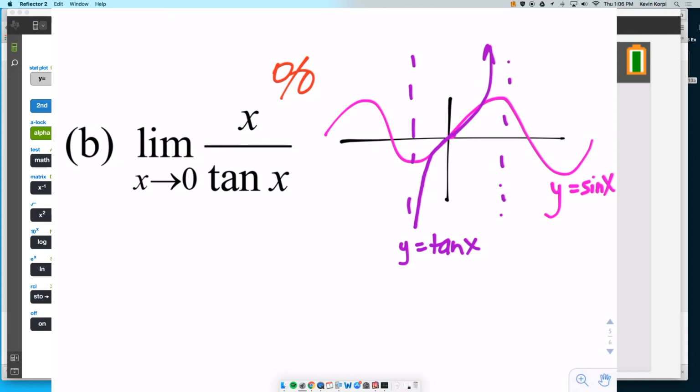We have to manipulate and use one of the two that we memorized, or both, possibly.